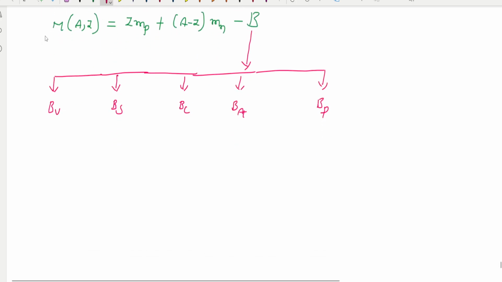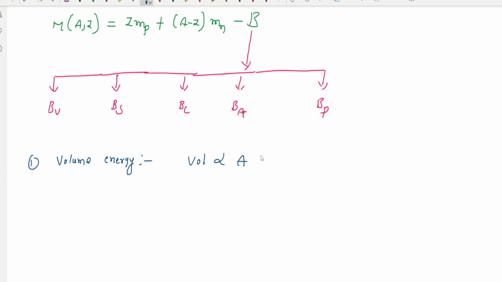First I'm going to derive the volume energy. Number one is volume energy, right? So the volume of the nucleus is proportional to A, right? Number of particles, protons plus neutrons, the mass number.